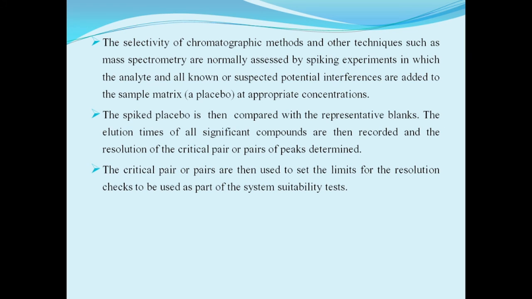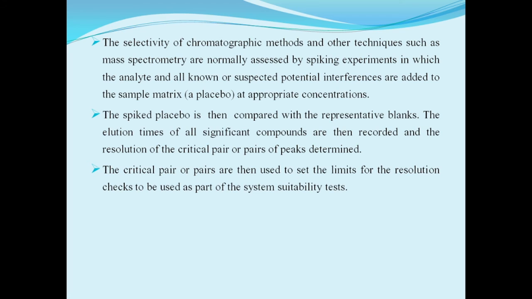The selectivity of chromatographic methods and other techniques such as mass spectrometry are normally assessed by spiking experiments, in which the analyte and all known or suspected potential interferences are added to the sample matrix, a placebo, at appropriate concentrations. The spiked placebo is then compared with the representative blanks.